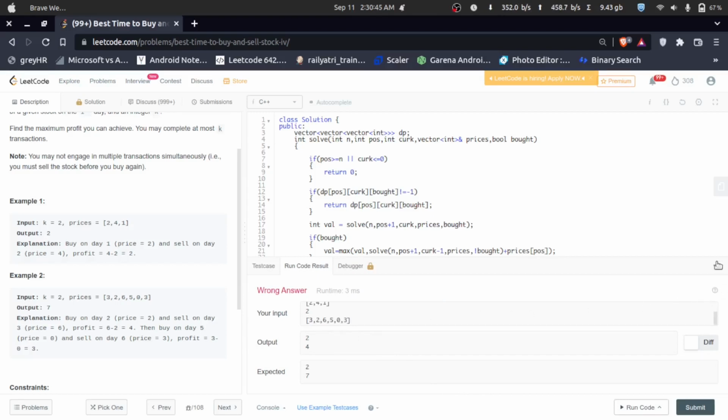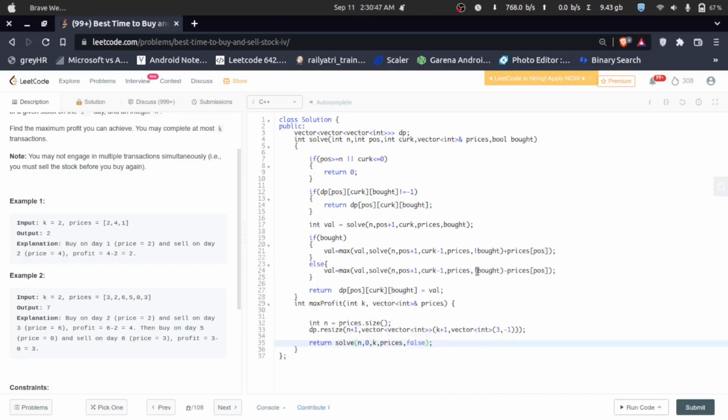Why is it happening? Position, price, position, and that one, and then after that what is happening? That position plus 1, and if I've been taking that one, okay. I have been creating it. Okay, I'll find that.